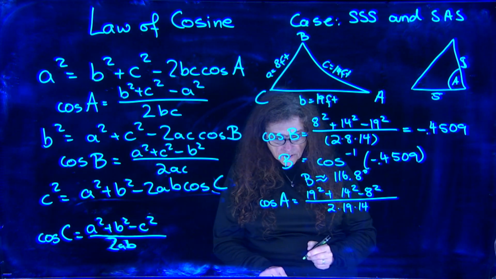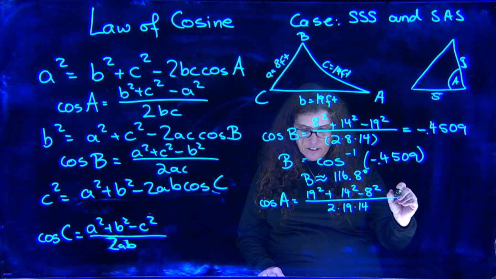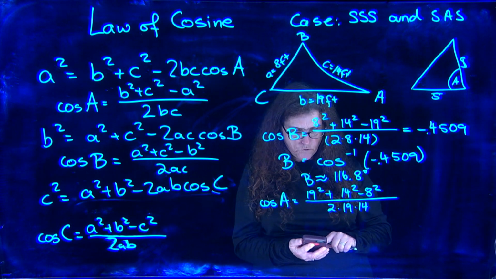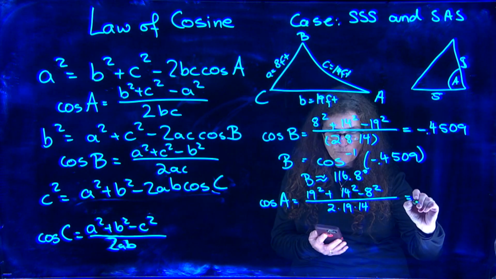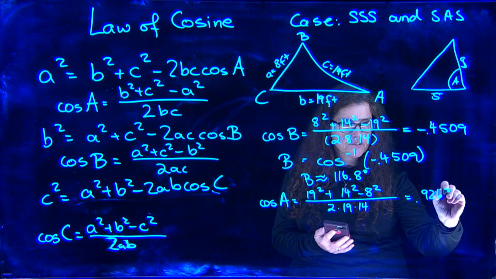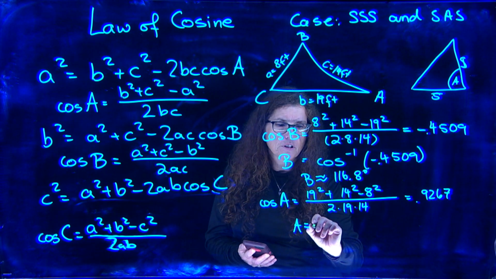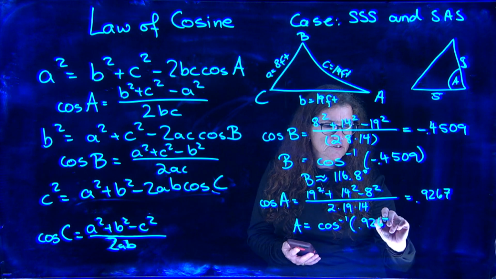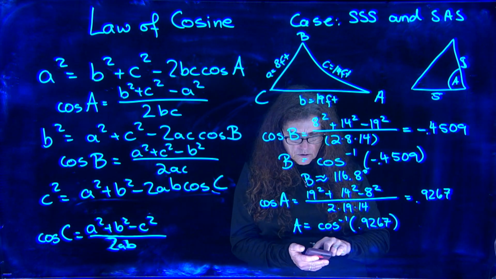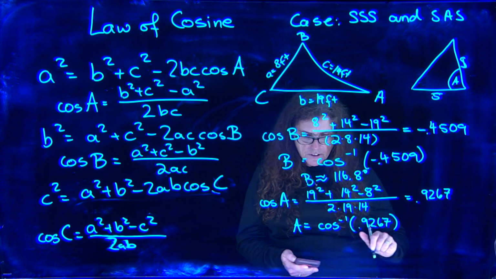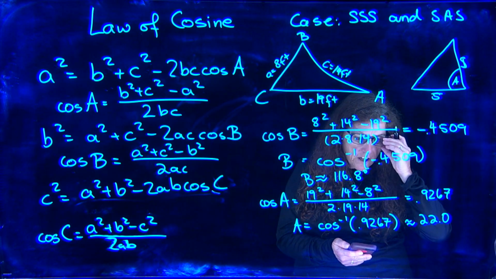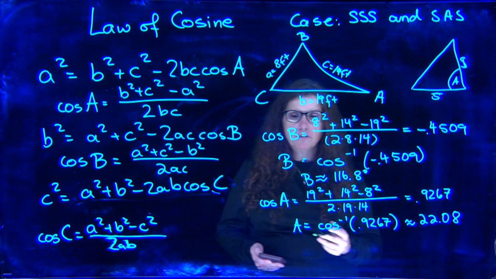And if you do that on the calculator, 19 squared plus 14 squared minus 64 divided by 2 times 19 times 14 is 0.9267. So A would be the inverse cosine of 0.9267, and that is approximately 22.08. So now I have angle A.